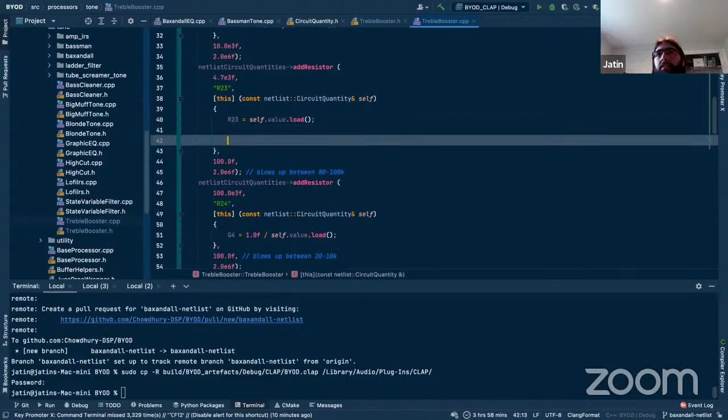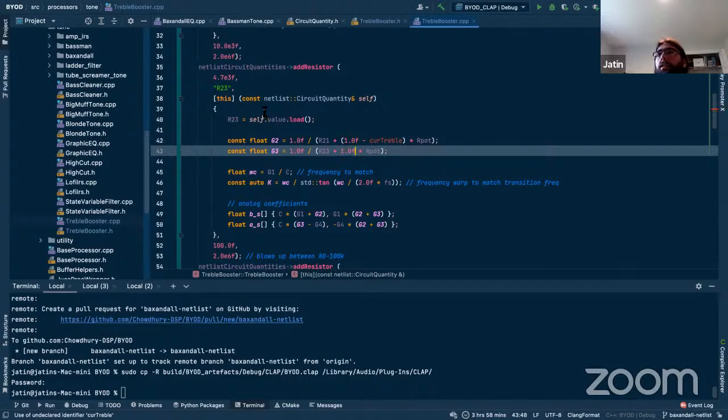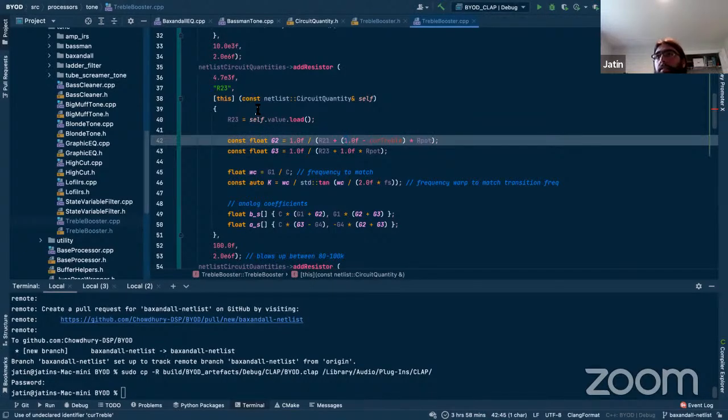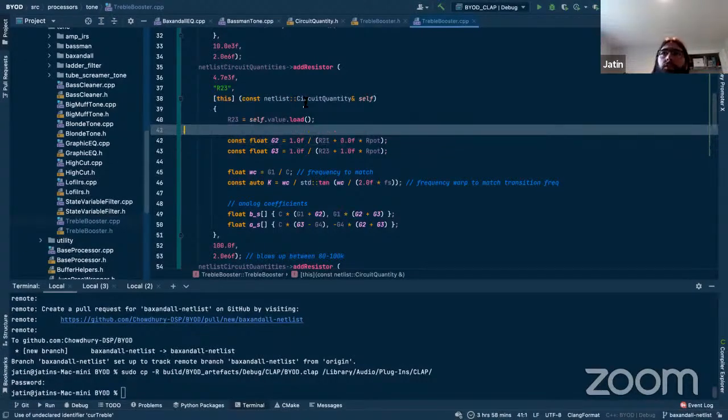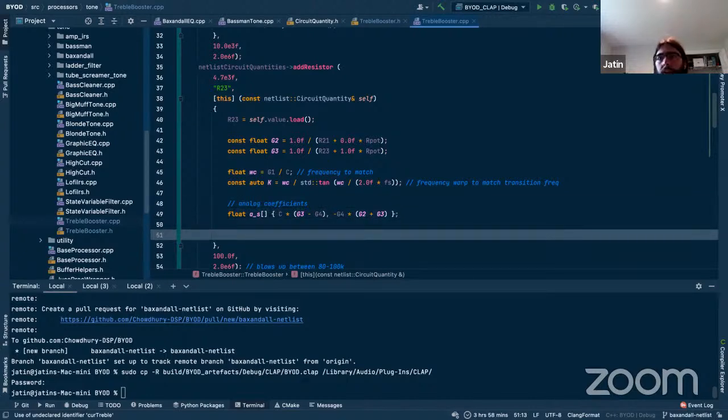So R23 gets set, and then we set all these values. So we're saying that treble is at the max value. So we'll just say this is 1, and this is 0. So this is the max treble boost, is my understanding of it. We don't care about the B's, those are the zeros. We do care about the A's because those are the poles. And so we'll say root equals AS.